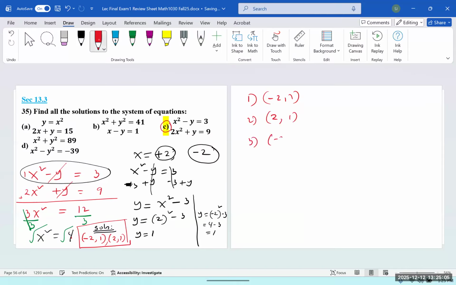Your option 3 will be (-2, 1), (2, 1). And then you may see more options, (2, -1) and (-2, -1). So they'll give you all sorts of choices. Or maybe this one, they will trick you: (2, 1). Okay, so these two are very close. First of all, you may make a mistake by choosing this one.